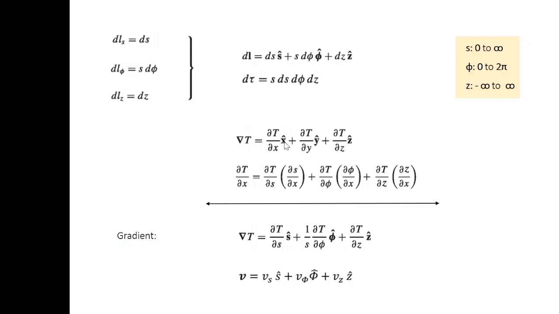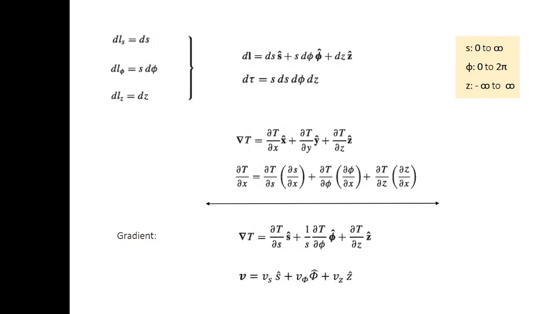Also you know how to represent x cap, y cap and z cap in terms of the cylindrical polar coordinates, so you write that. In the same way you calculate dou T by dou y and dou T by dou z. Just like the spherical polar coordinates, this is going to be a very tedious exercise.